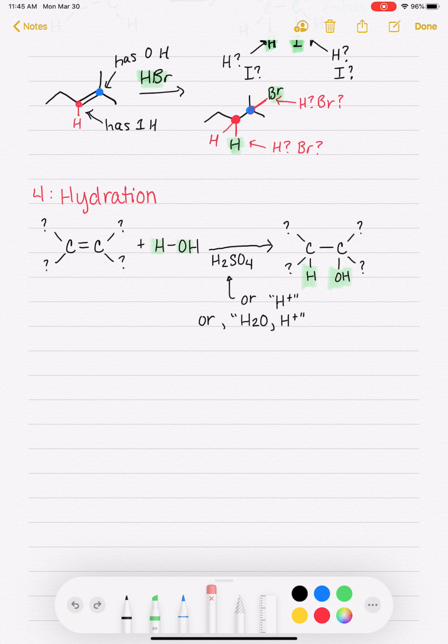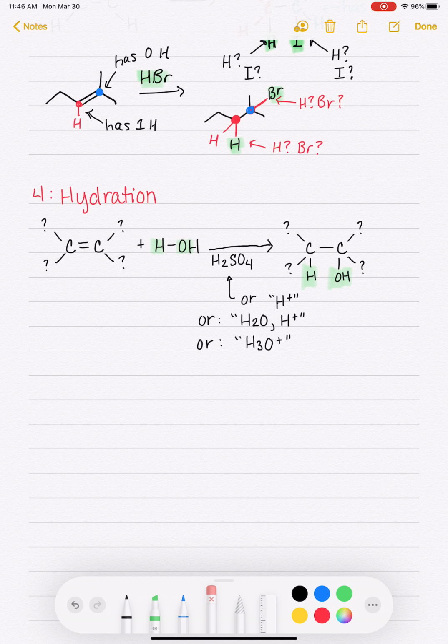Or it's also possible that you might see H3O+. So you could see any one of those four different options for this particular reaction, which is one of the reasons why it's kind of tricky, because it'll come at you in a variety of different ways.